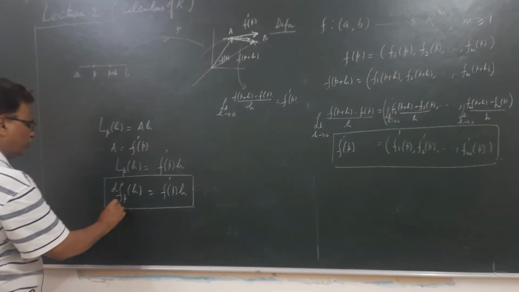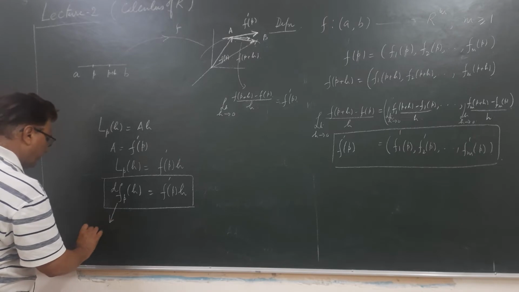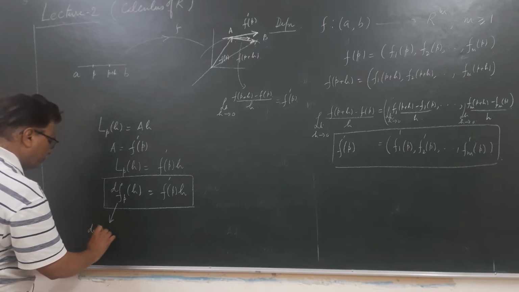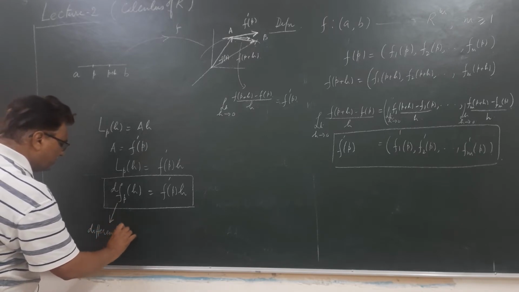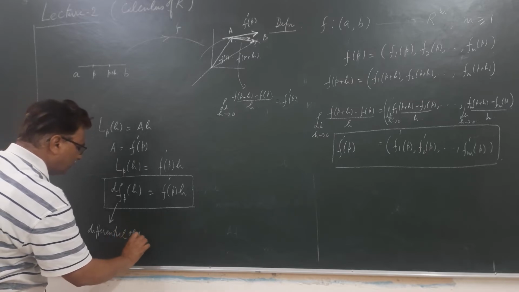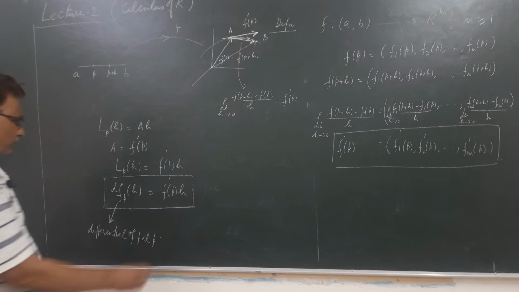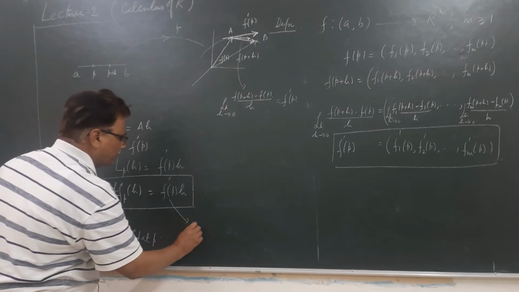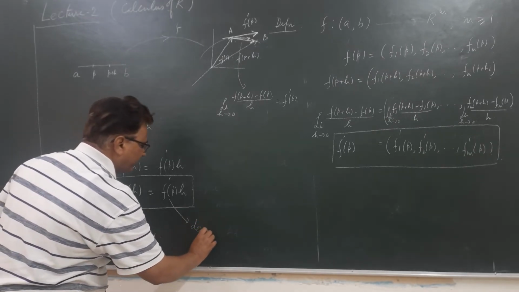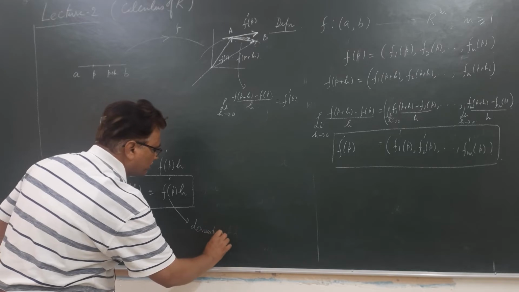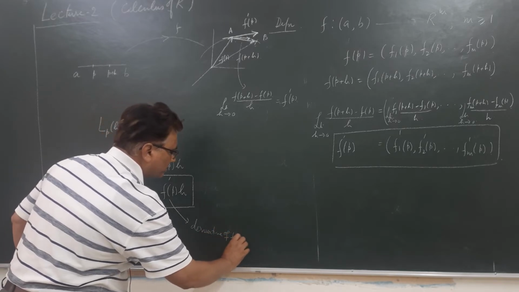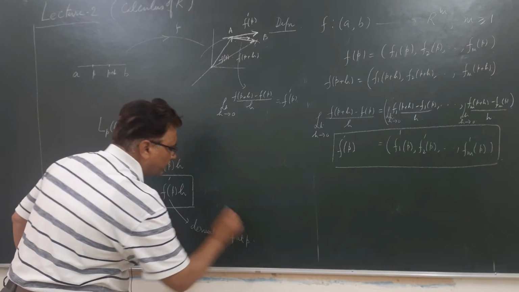And we call this fellow the differential of f at p. This is the differential of f at p. And this fellow, as I told you, is called the derivative of f at p.